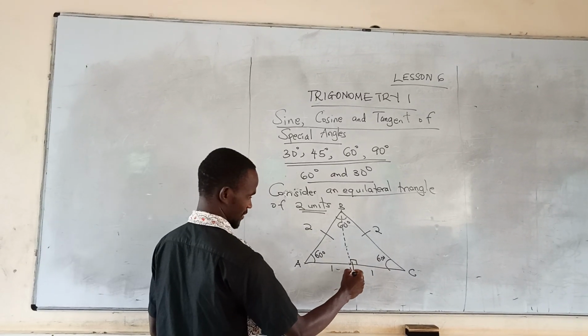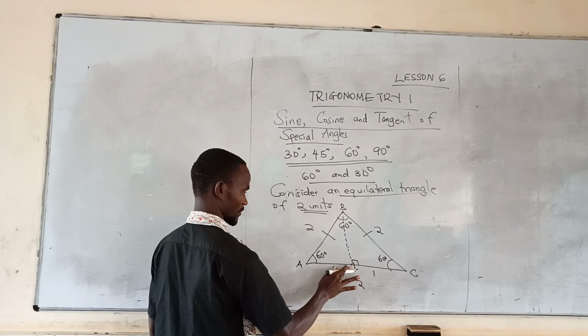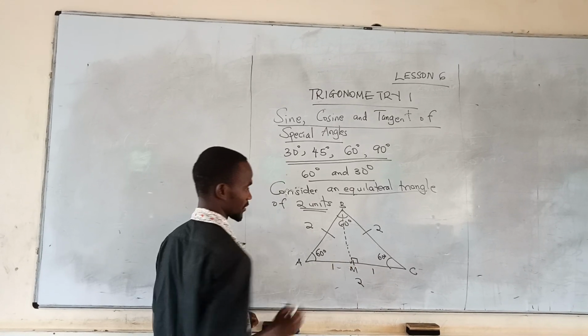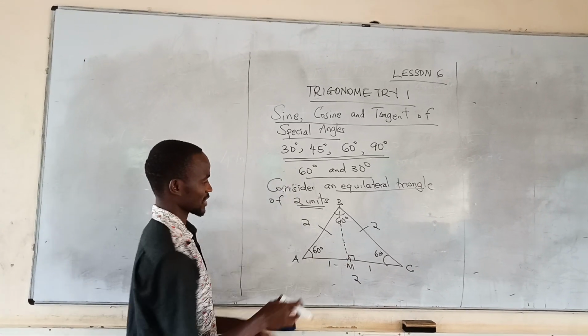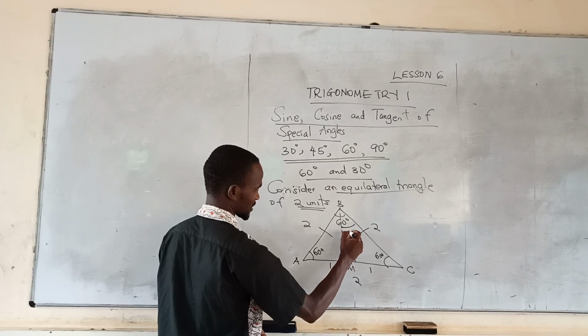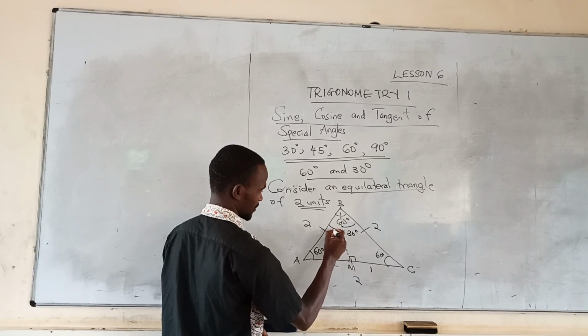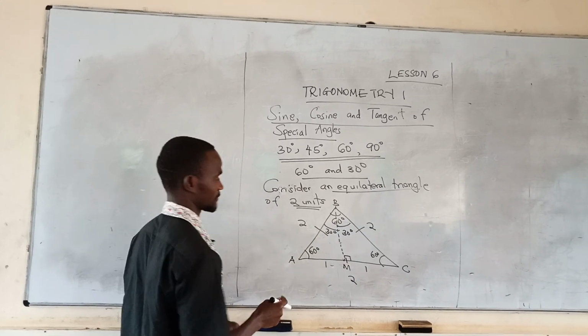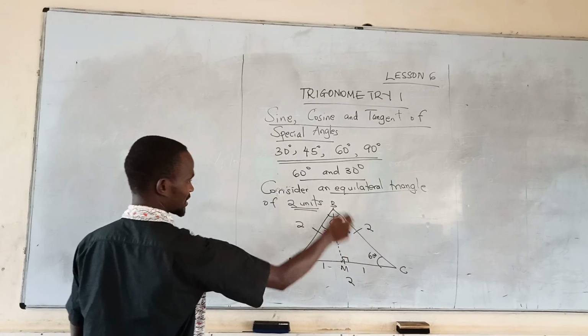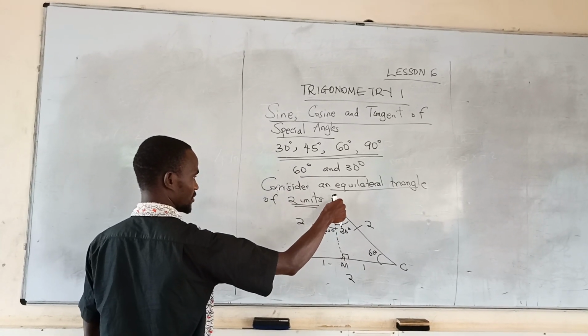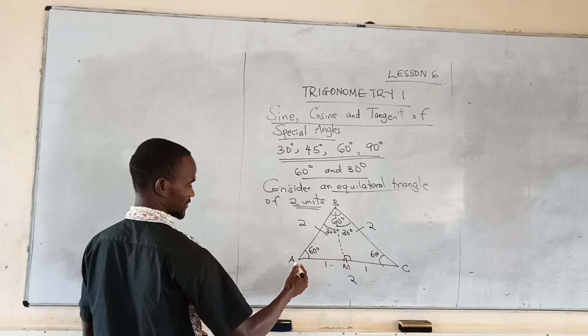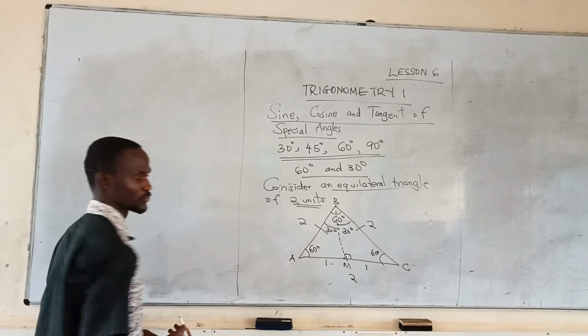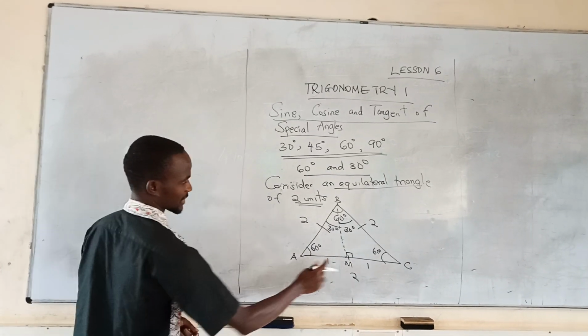So we have our midpoint here. Now we have this as 30 degrees. The perpendicular bisector bisects angle B into 2 equal halves, and bisects line AC into 2 equal halves.